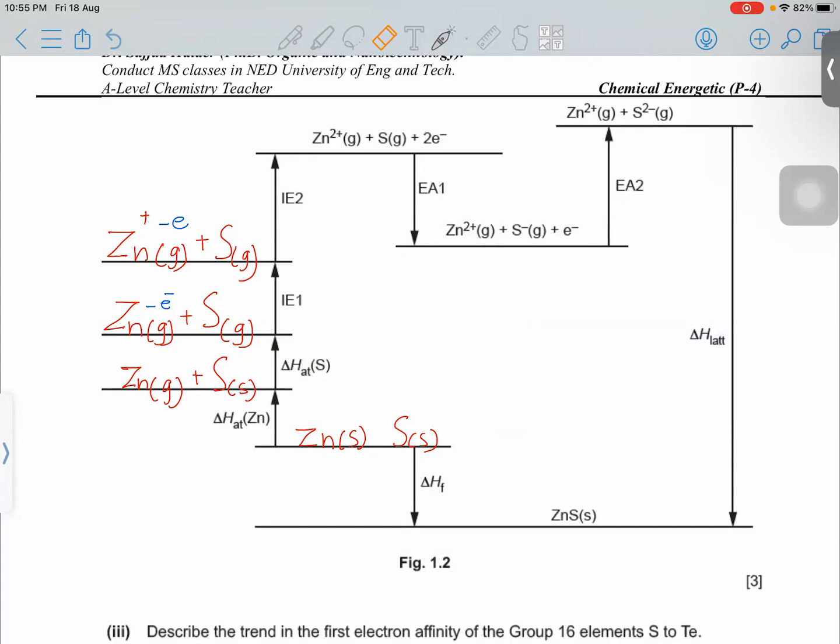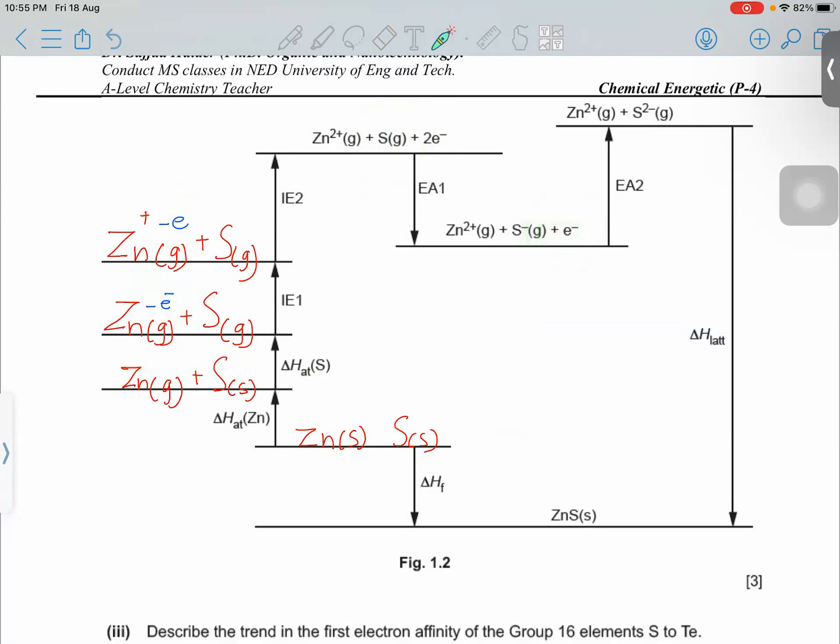So you have Zn plus 2. Then these two electrons are given to sulfur step by step. Here we have one electron.